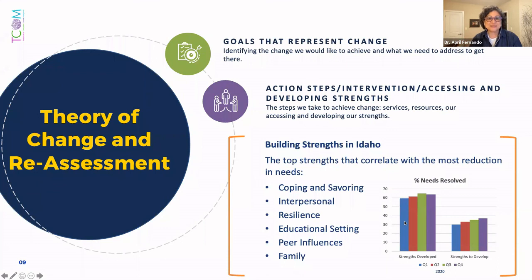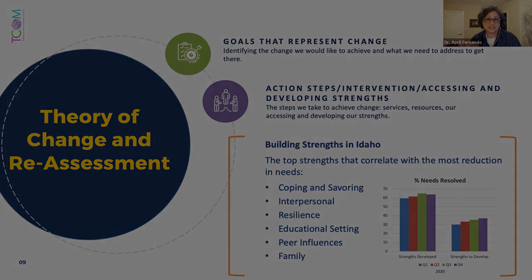The families improved engagement in the process when the focus was also on developing strengths. So we can continue to address needs by focusing on need reduction, but we can enhance, even multiply that impact if we develop strengths at the same time. And there's data in Idaho that shows us that this is true.